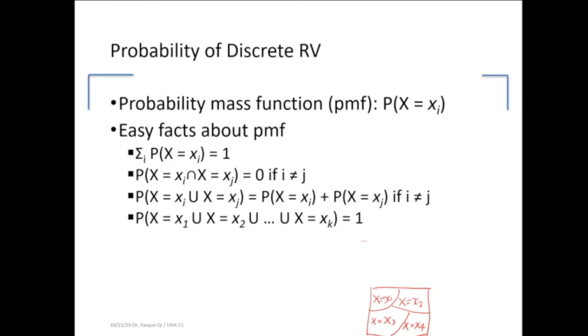That's why the summation over i from 1 to, assuming it's 4, of capital P of X equals xi equals what? 1.